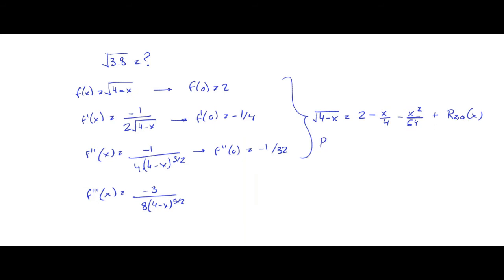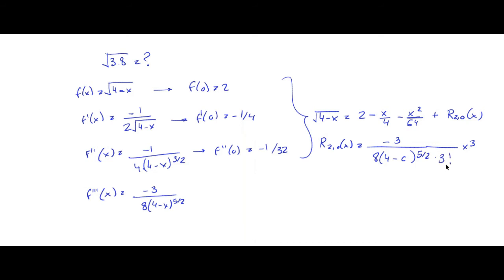The remainder is our third derivative, minus 3 divided by 8 times (4 minus c) to the 5 halves at some point c, divided by 3 factorial, and then we have times x cubed. Sorry, this is not 4 factorial, it's 3 factorial.